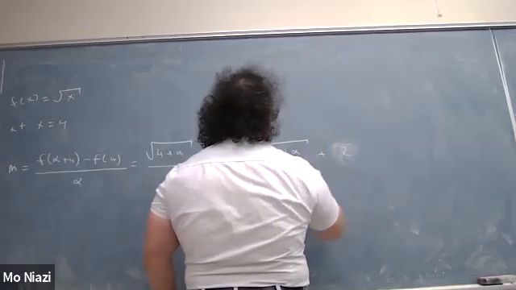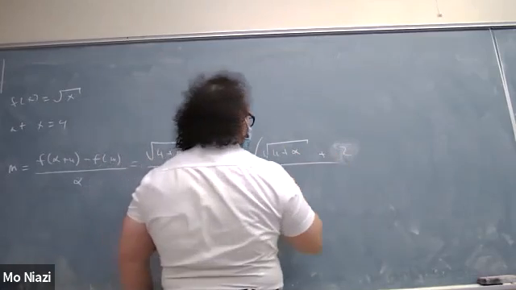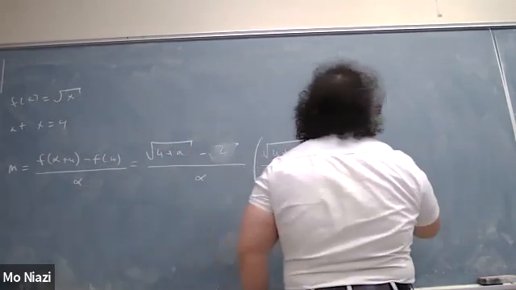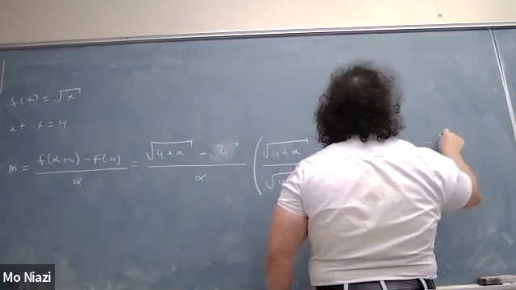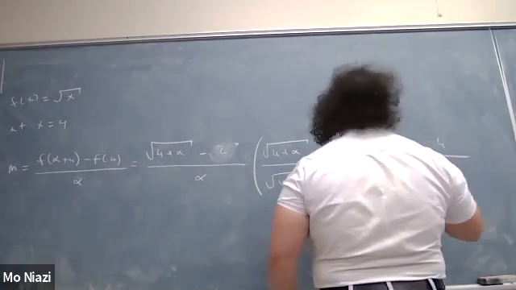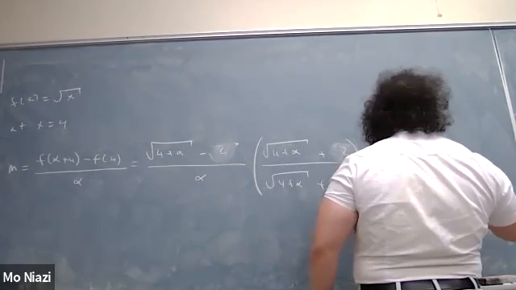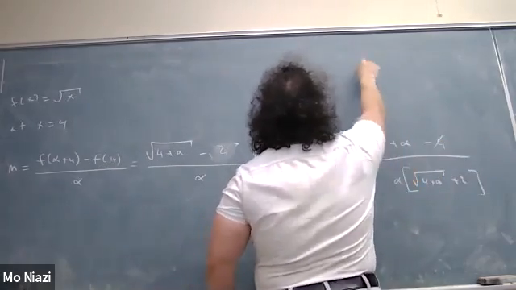This can be called 2. This can be called 2. So this ends up becoming 4 plus alpha minus 4, all divided by alpha times the quantity square root of 4 plus alpha plus 2. Cancel these, move the calculation upstairs.